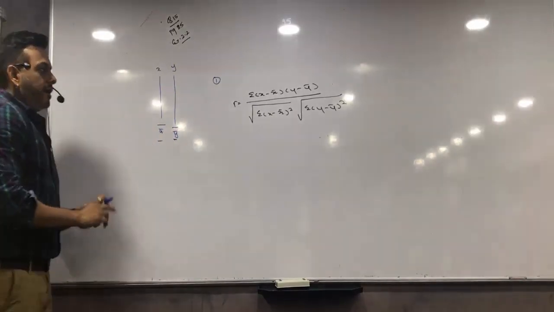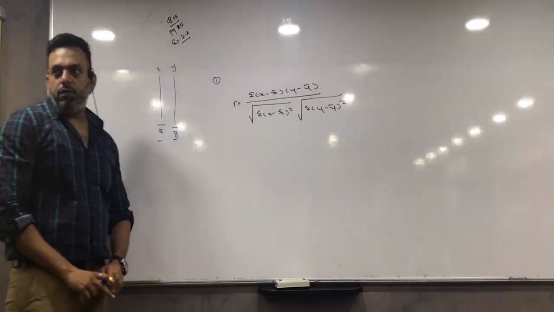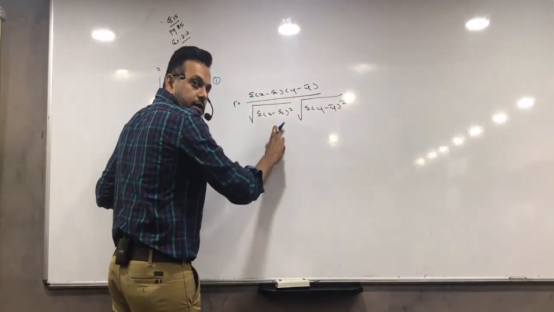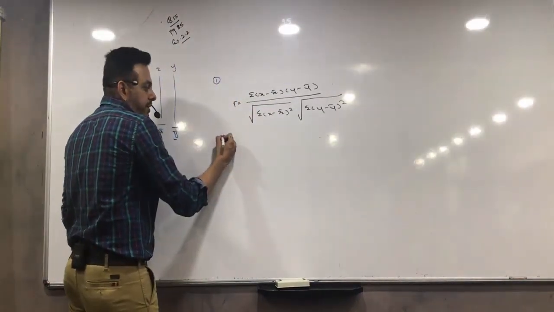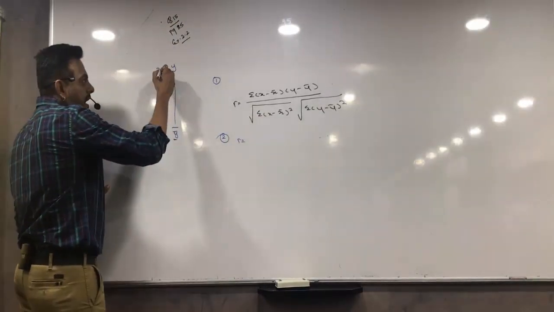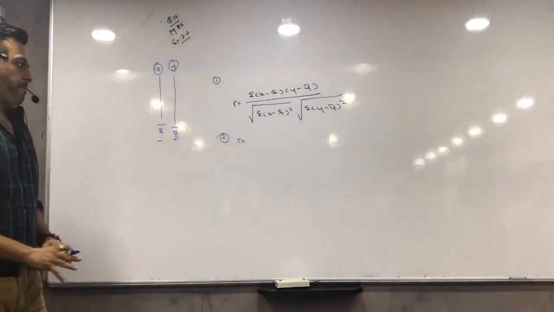If they are not fractions, we go for this formula, this method. Then we went for the second method where the values of x and y are generally small.